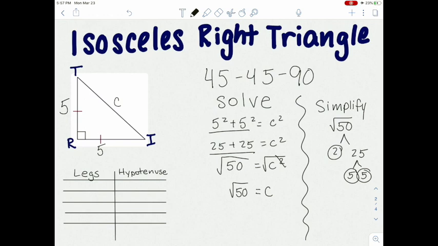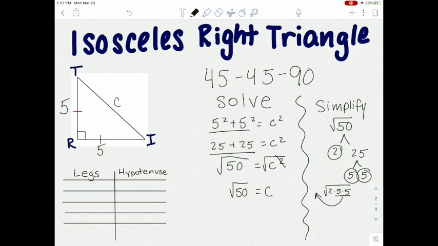Now, could you have picked 5 and 10? Totally. You still would have gotten 2, 5, and 5. But by breaking it down into perfect squares, you can actually sometimes alleviate some work for yourself. And you'll see that in subsequent problems that we work on. So now we break it down into 2 times 5 times 5.